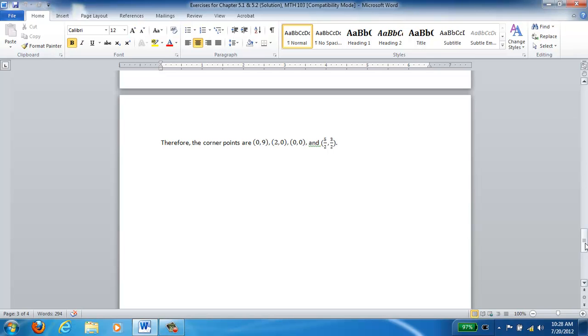In doing the algebra here, including the origin as one of the corners, notice that we end up with the points (0, 9), (2, 0), (0, 0), and (5/2, 3/2).